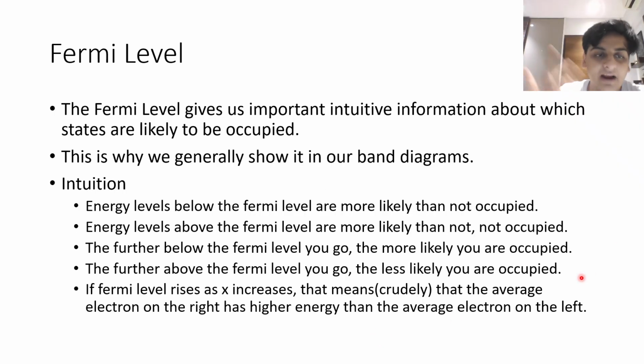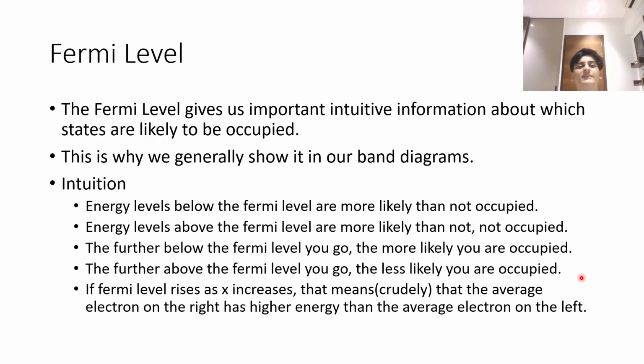Cool. I just want to flag that the Fermi level is quite an important concept, and that's why I'm spending a bit of time giving you some intuition on it. Because the Fermi level tells us which state is occupied with probability half, it can give us important intuitive information about which states are likely to be occupied.